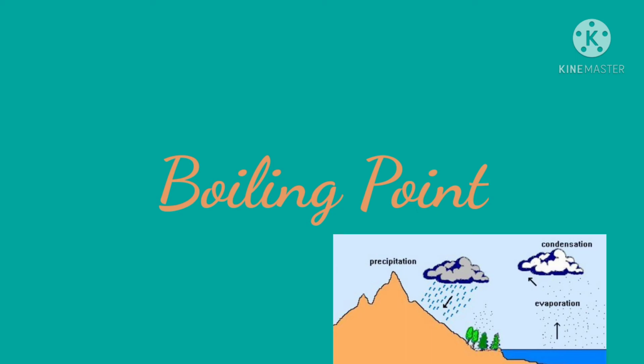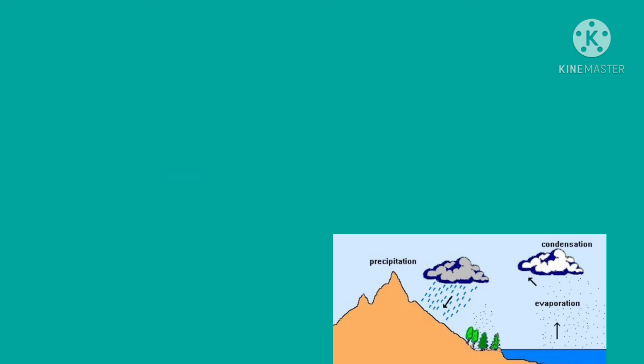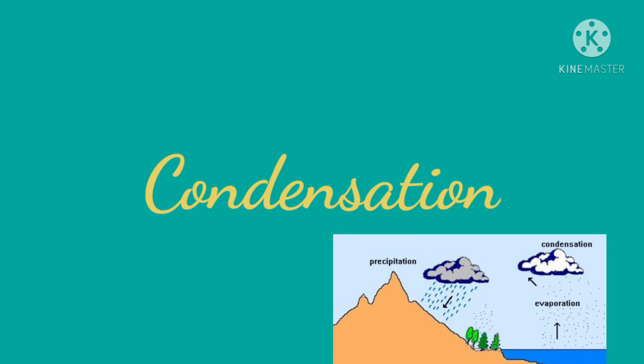Okay, clear? Yes. And next is condensation. Condensation is the process due to which a gas changes into liquid state at some fixed temperature with the release of heat energy.